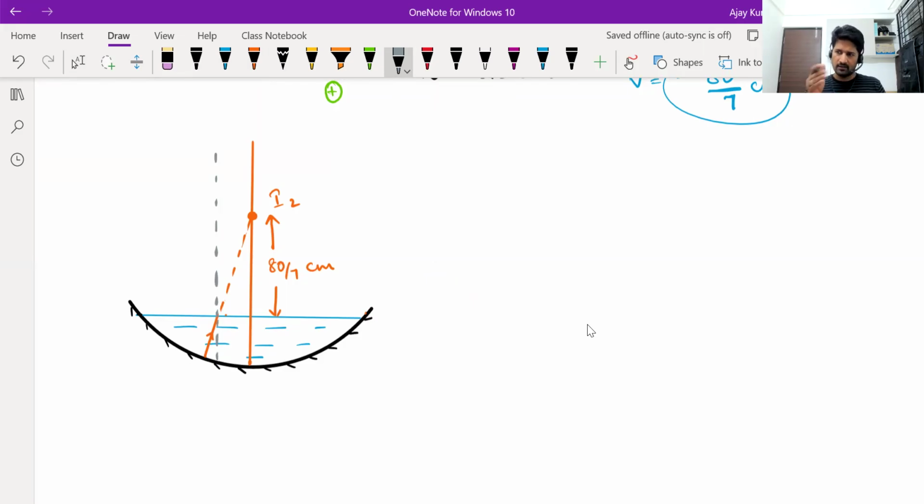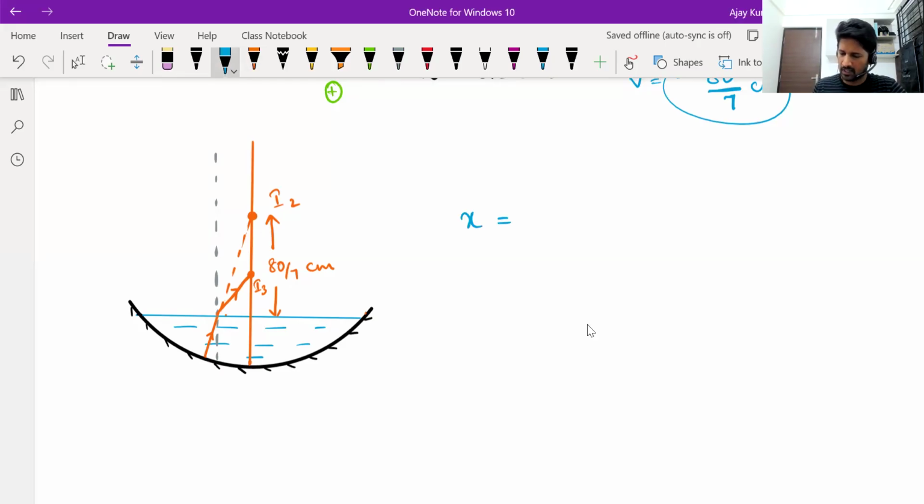Water into air, denser to rarer medium, it should bend away from the normal. If that light bends away from the normal, finally it meets the other ray here. This is the final image position that we are looking for, I3. So the answer for I3 should be less than 80 by 7 centimeters. That's all. Use it directly now.